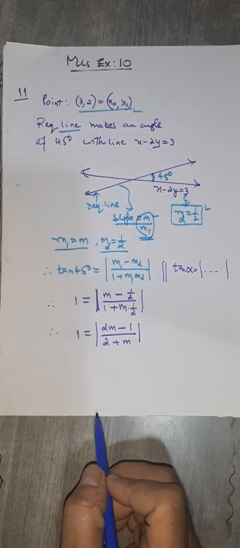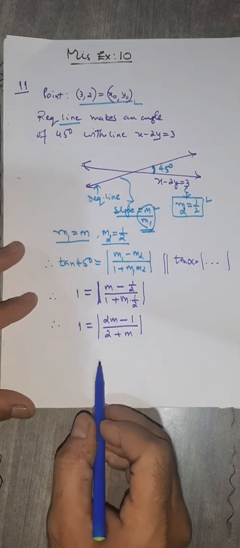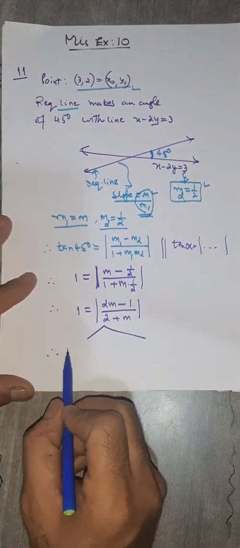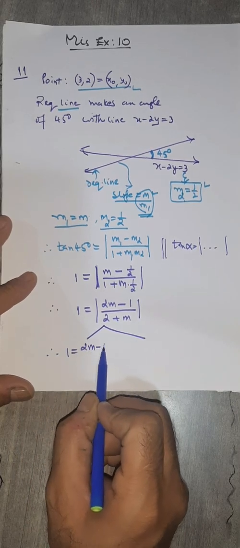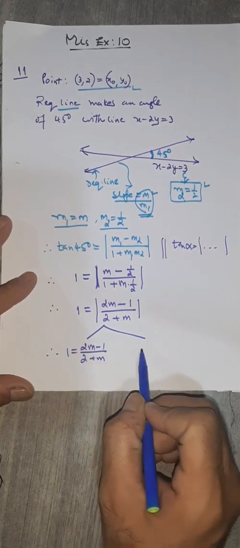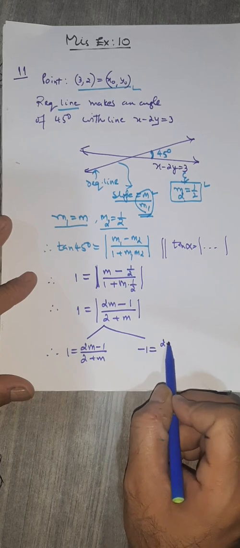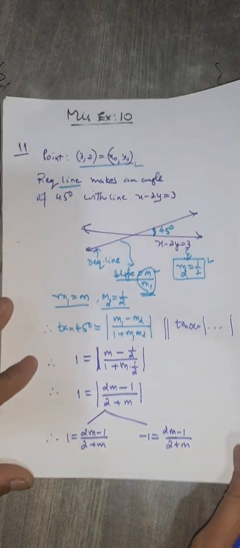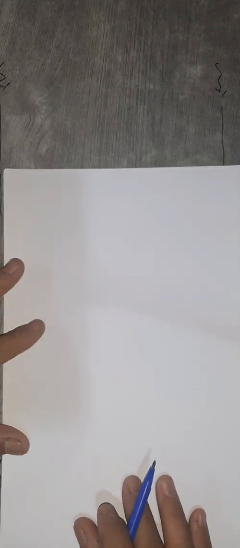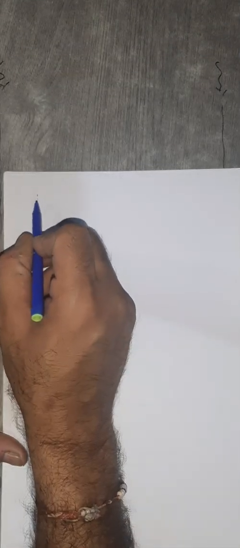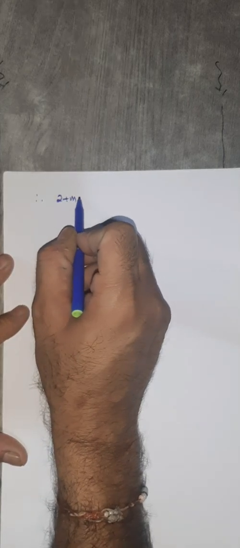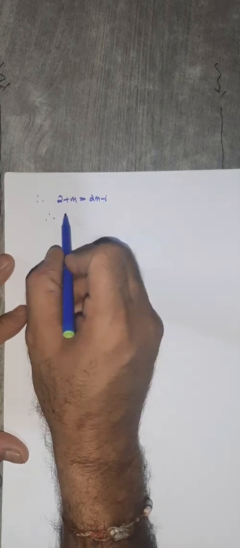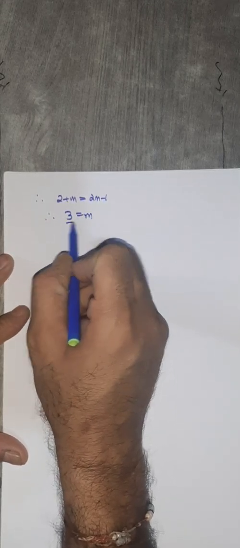Now we drop the modulus, so we have two possibilities. Therefore 1 equals (2m minus 1) upon (2 plus m), or minus 1 equals (2m minus 1) upon (2 plus m). Simplifying further, 2 plus m equals 2m minus 1, therefore 3 equals m.